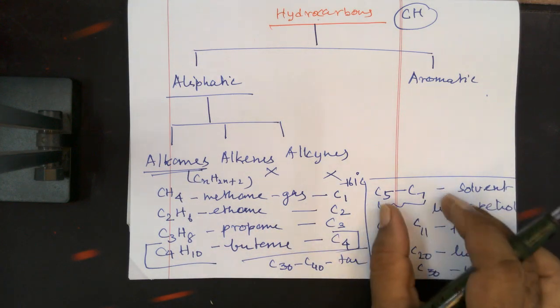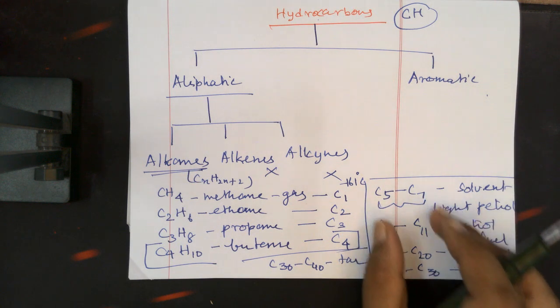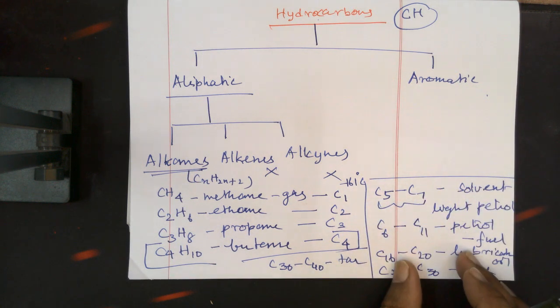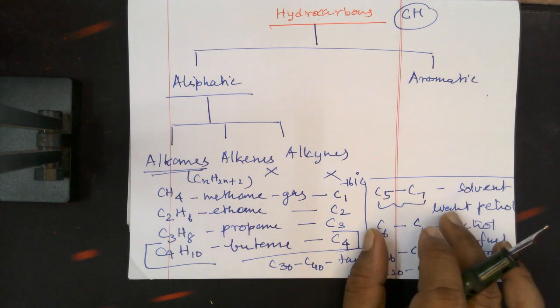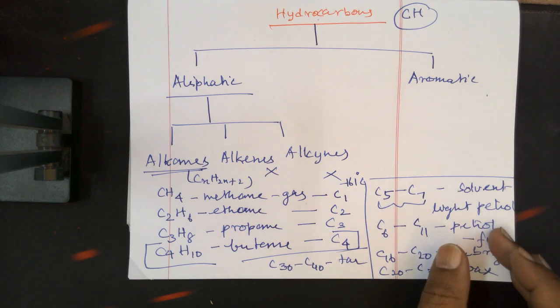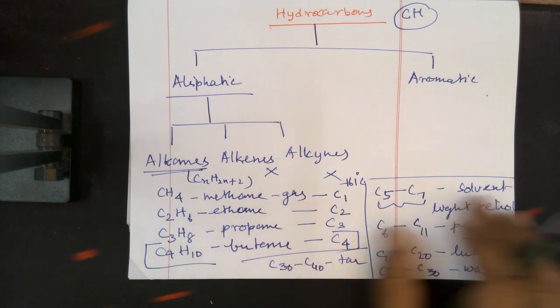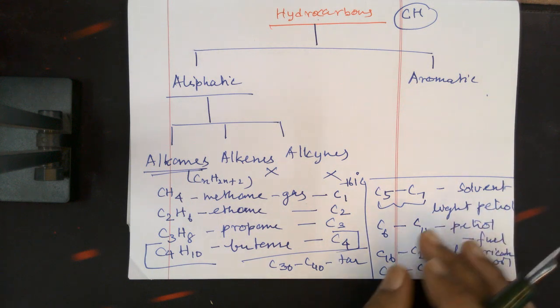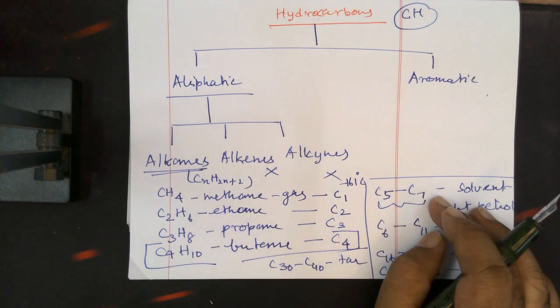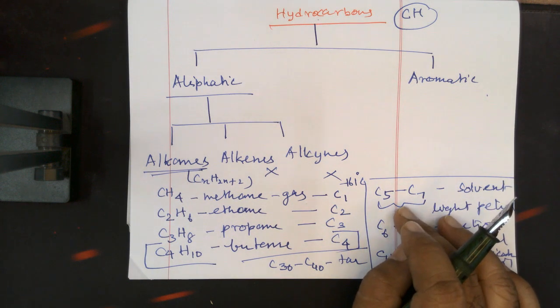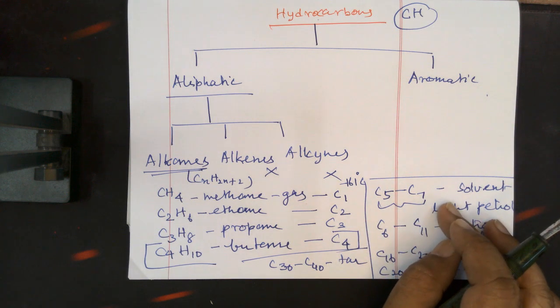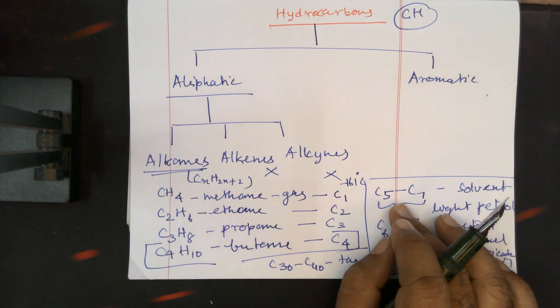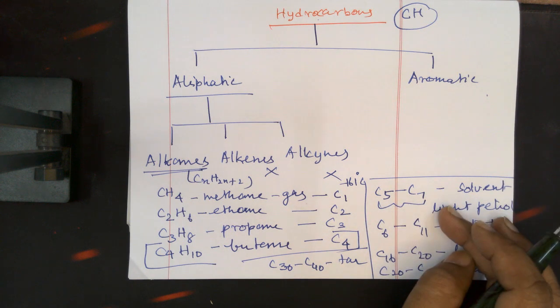And with the mixture of C5 to C7, it will not have exactly a single boiling point. Instead, it will have a range, because it consists of a mixture of solvents. For example, for C5 to C7, the boiling point ranges from 20 to 100 degrees Celsius.